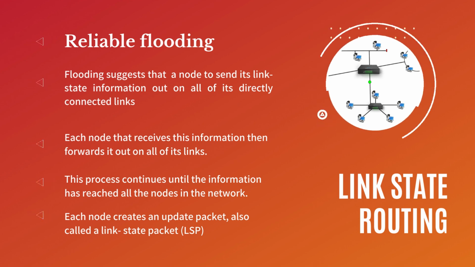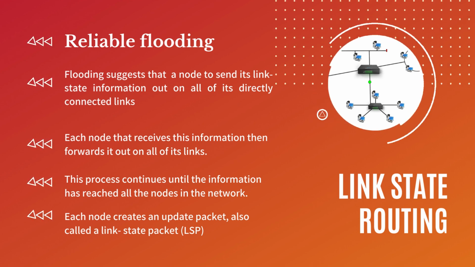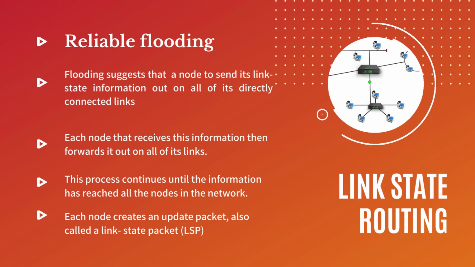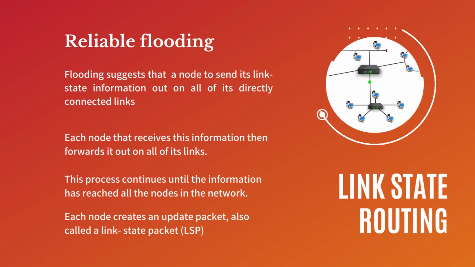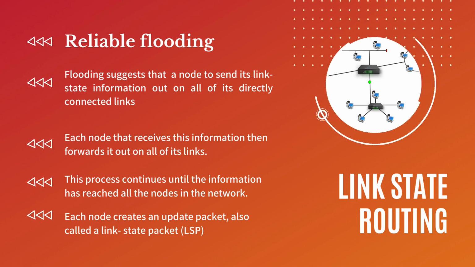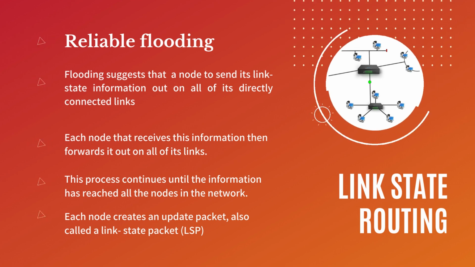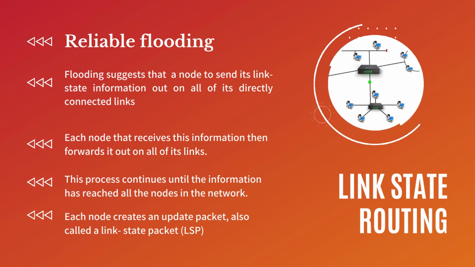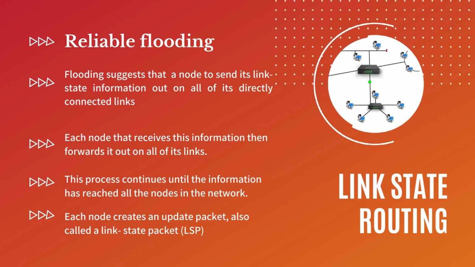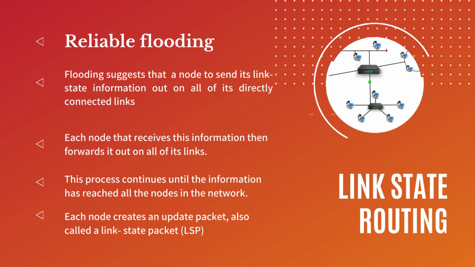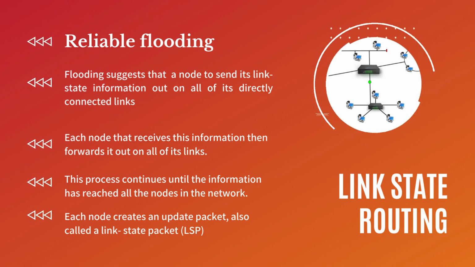Reliable flooding. Reliable flooding in the link state routing protocol works in a way where every node will send the link state packet to all of its directly connected neighbor nodes. So every node which receives this link state packet from any other node then forwards it out on all of its directly connected neighbors. This way the process continues until the information reaches all the nodes in the network.